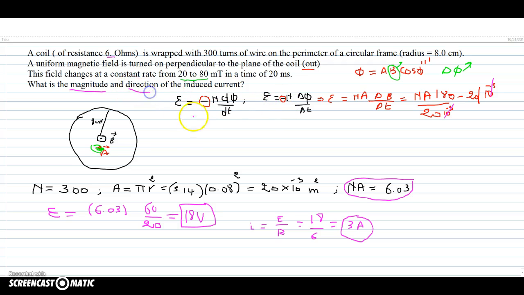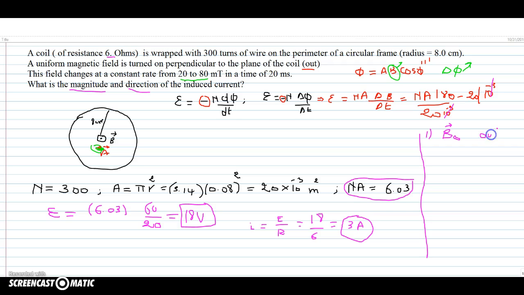What about the direction? Let me remind you of the steps for evaluating direction. You have to remember these steps because I'm not going to give them to you in the exam. The first step is to identify B original. What is B original? It is out.